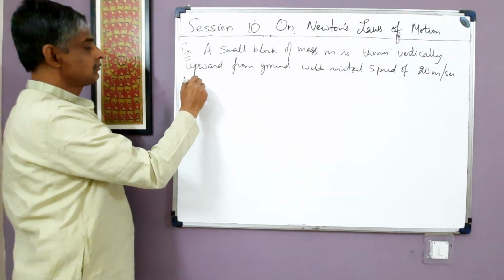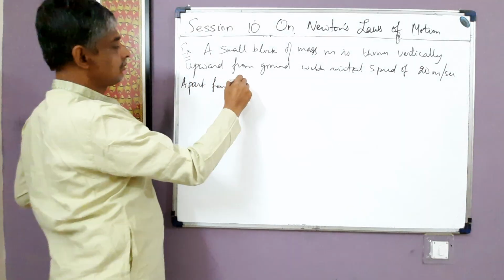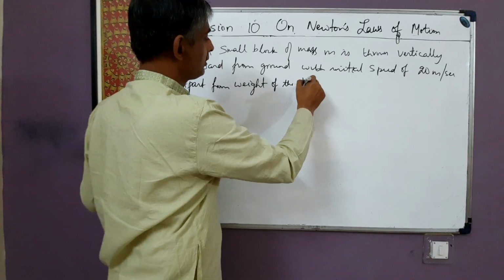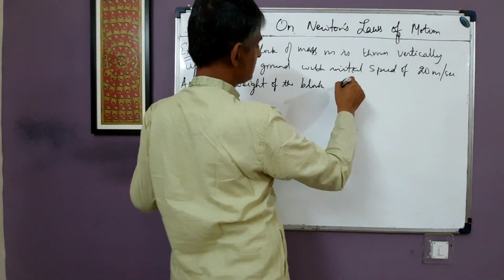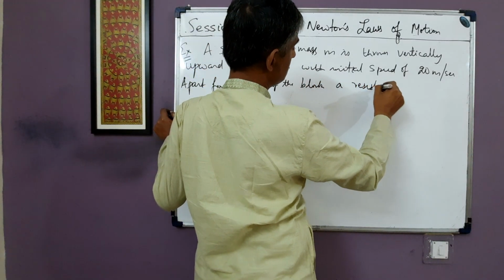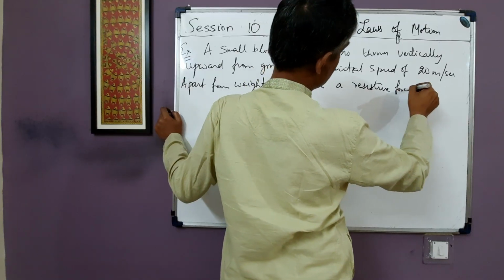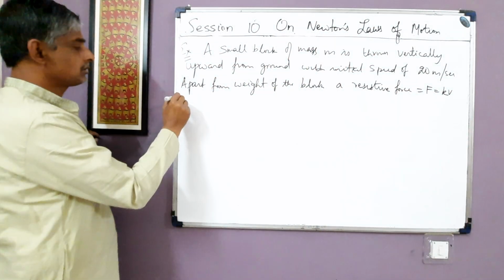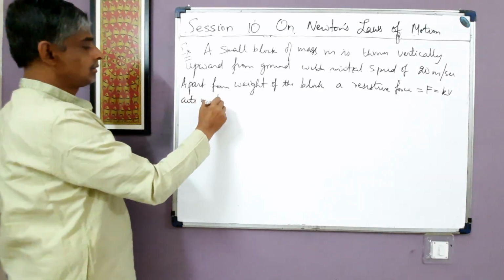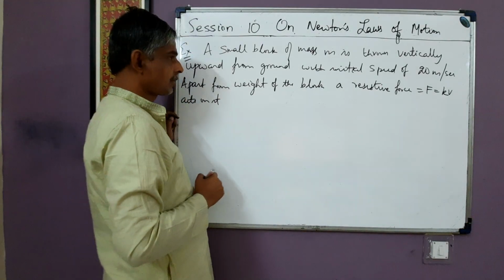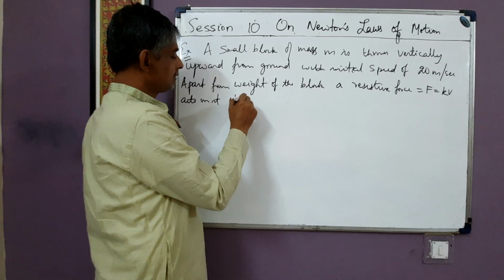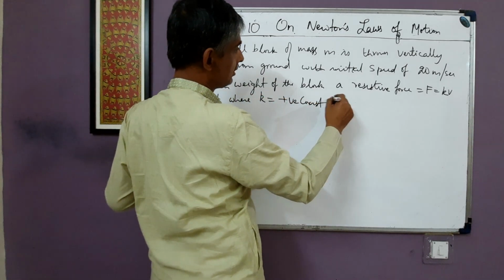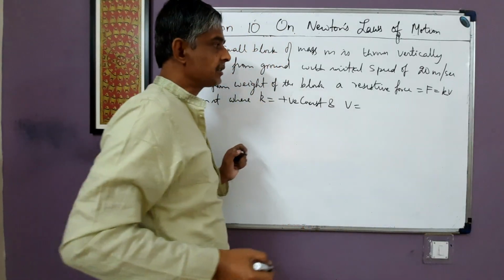Apart from the weight of the block, a resistive force F equal to kV acts on it, where k is a positive constant and V is the instantaneous speed of the block.